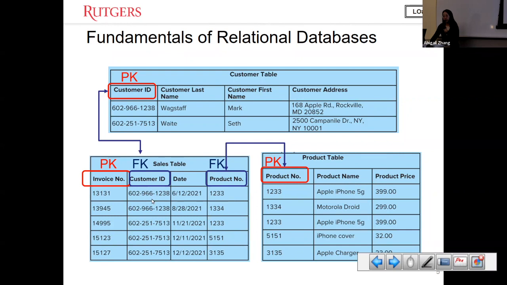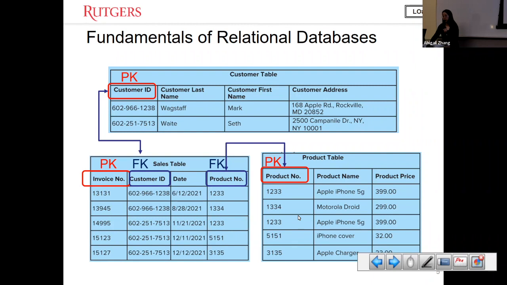This number has to exist in its corresponding source table, the customer table. In other words, you cannot make up any numbers for any foreign key values. The value here has to exist in the source table. And similarly, if you look at this 1334, this product number has to exist in the product table.